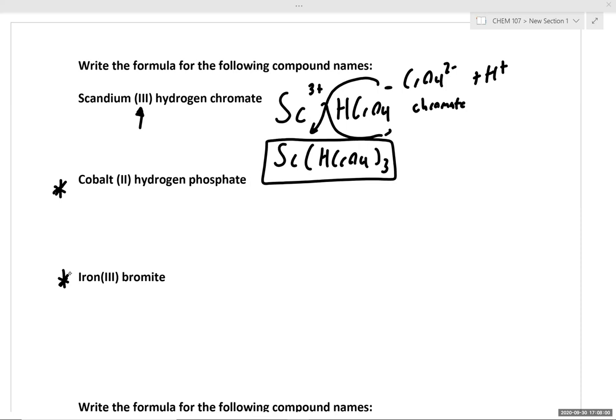Remember, you need to figure out the charge and formula of each of your ions, and then by crossing the charges, you can get the formula and subscripts for your neutral ionic compound. So let's spend about 3 to 4 minutes on these two examples, and I'd like to see some responses in the chat or verbally with proposed formulas for these two compounds.